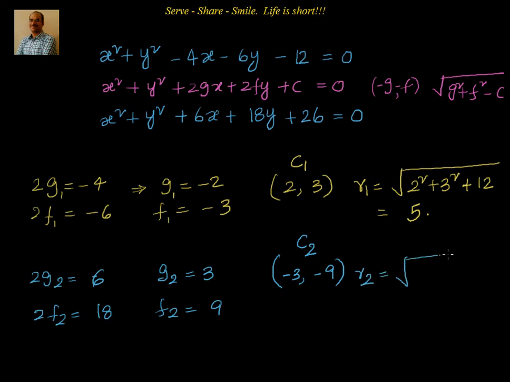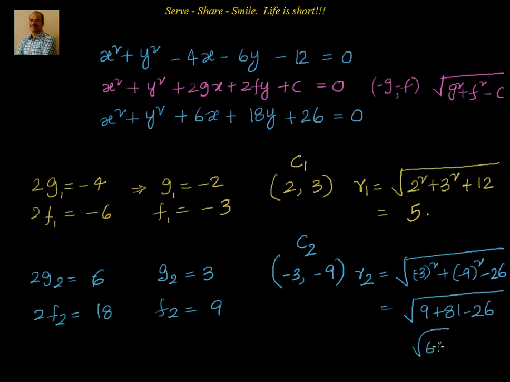R2 equal to square root of (minus 3) whole square plus (minus 9) whole square minus c, that is minus 26, which is equal to square root of 9 plus 81 minus 26, which is square root of 64, that's equal to 8.